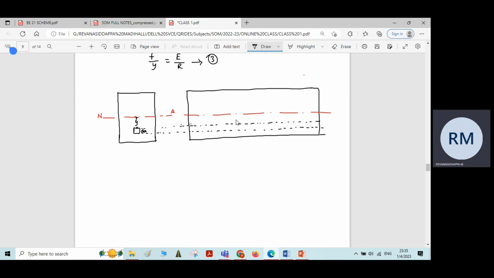Here we have taken an elemental area at a distance Y from the neutral axis.